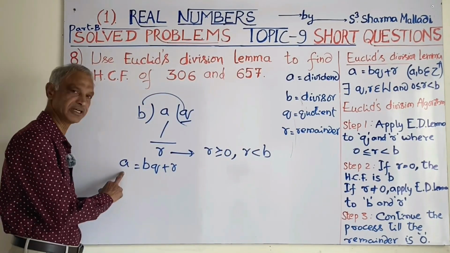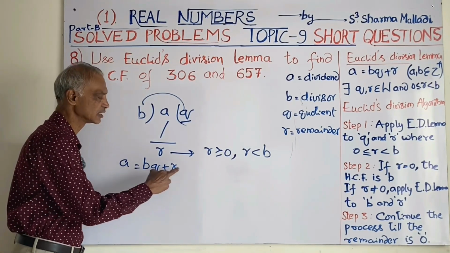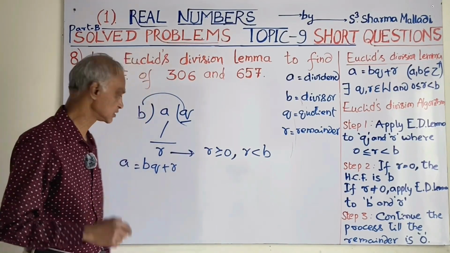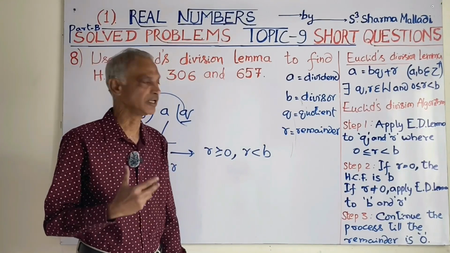Therefore, A is the dividend, equal to divisor into quotient plus remainder, where the remainder is greater than or equal to 0 and less than the divisor. That is Euclid's division lemma.